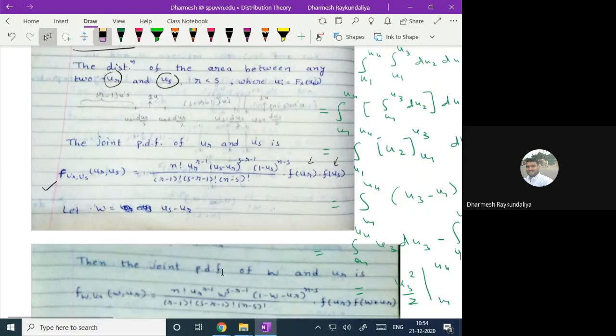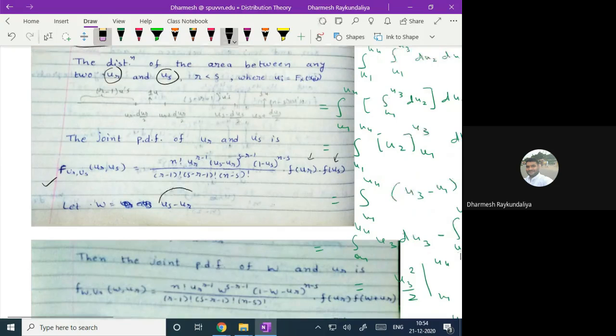But I am interested to find out the area between the Rth order statistic and the Sth order statistic. So it is as good as trying to find out the area between UR and US, and that is nothing but US minus UR.